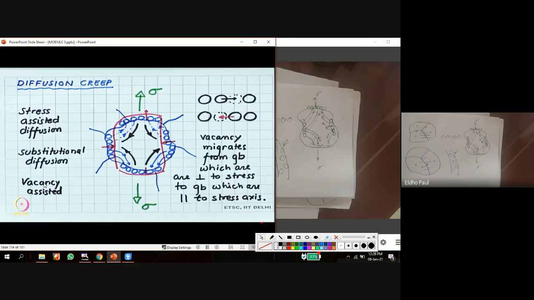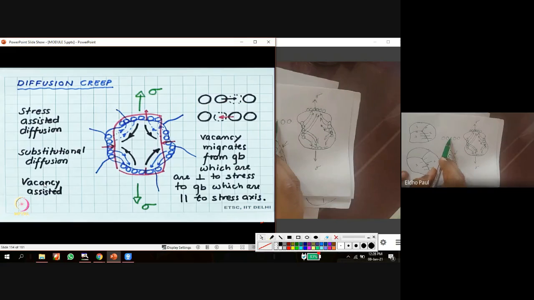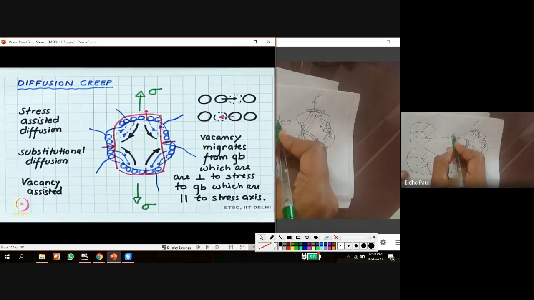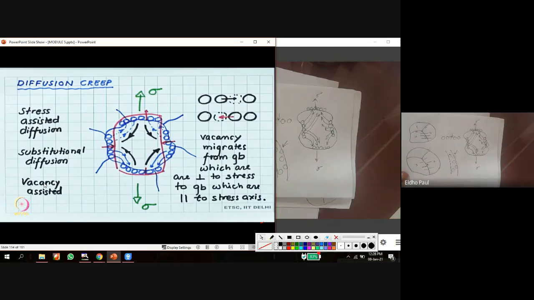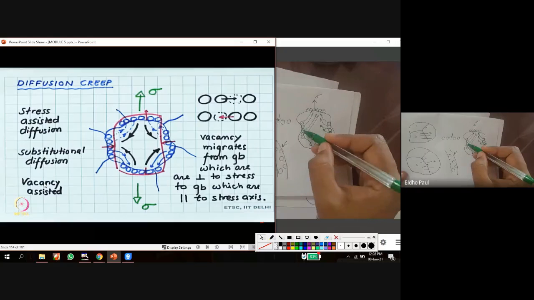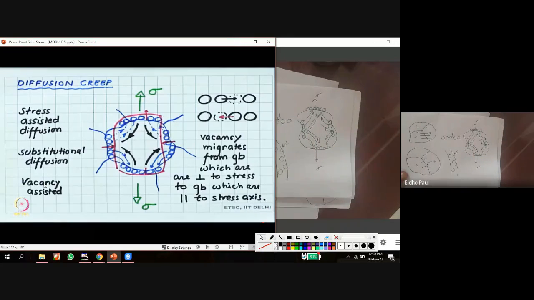So there is a chance for the movement of atoms from regular lattice position to interstitial or substitutional position. So there is a chance for the creation of vacancy in this grain at elevated temperature, so the number of vacancies will be very high at elevated temperature. The atoms from this position, which is parallel to the applied stress, move from this point to the vacancy position.